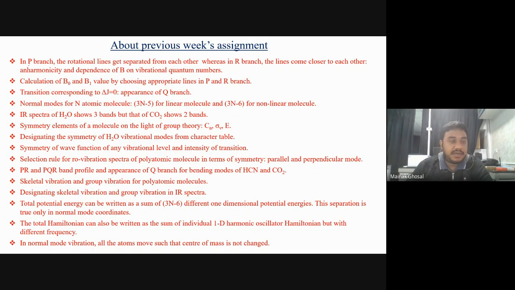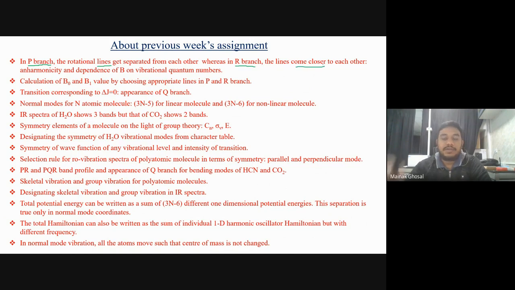There, three different kinds of bands appeared: P branch, Q branch, and R branch. It was observed that in the P branch the rotational lines get separated from each other, whereas in the R branch the lines come closer.